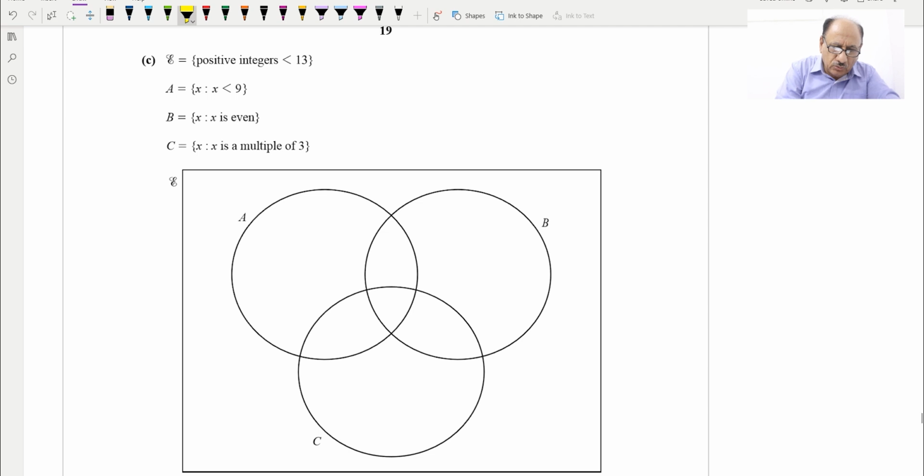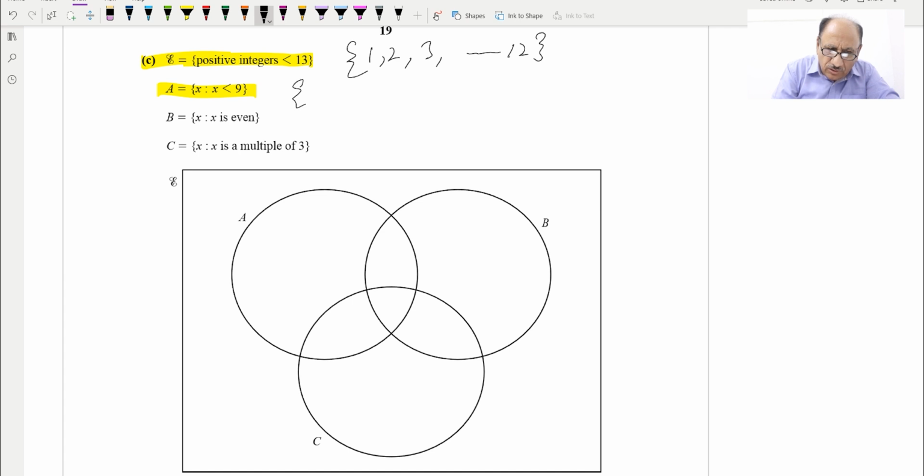Then comes part C, and the universal set is integers less than 13. So what will that set be? That set will be 1, 2, 3 and so on up to 12, because 13 is not included. Then they are saying A contains members less than 9.